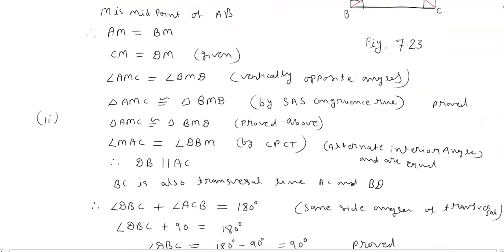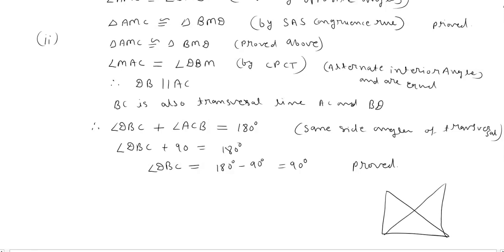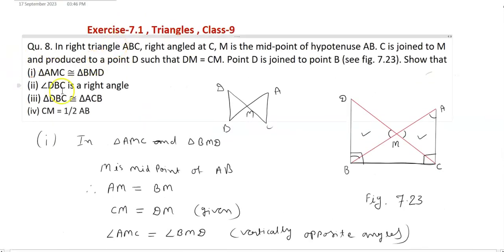Once again I am making DBC and ACB here. In the third question we have to prove triangle DBC congruent to triangle ACB.